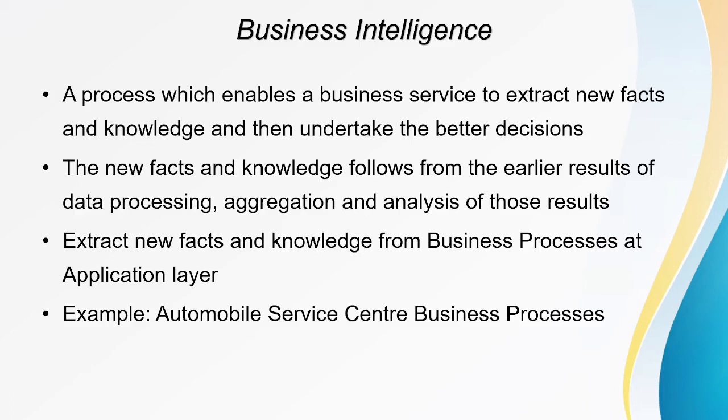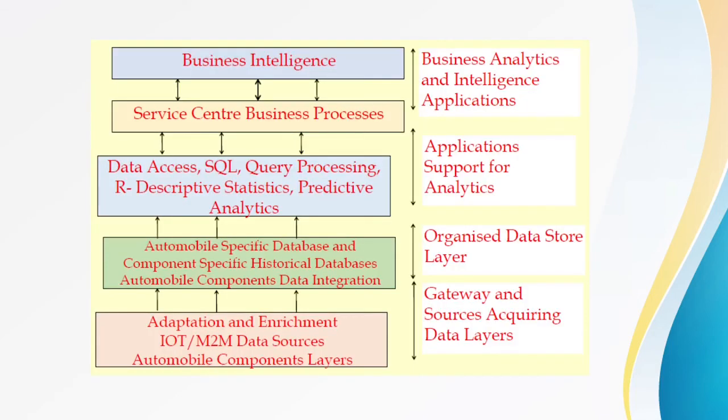The new facts and knowledge come from the earlier results of the data processing, aggregation and analysis of those results. So here we extract new facts and knowledge from the business process at the application layer, here the automobile service center business process. This is how the automobile service center is going to work.